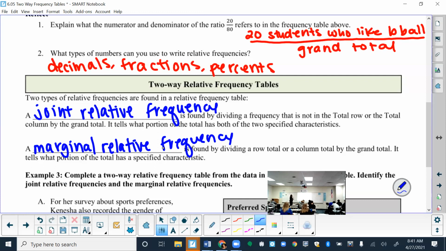Marginal would be just one category, like total students that like basketball, or total girls that we're surveying. So joint is two categories, and marginal is one category.